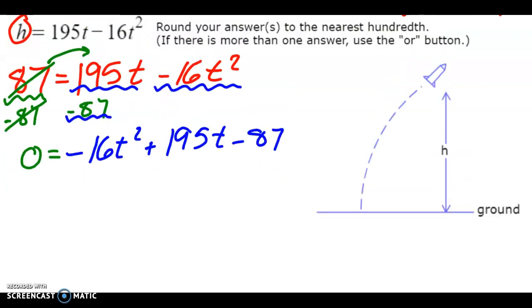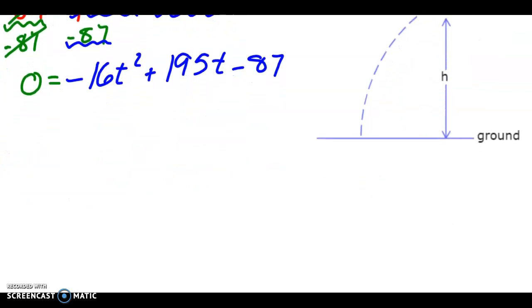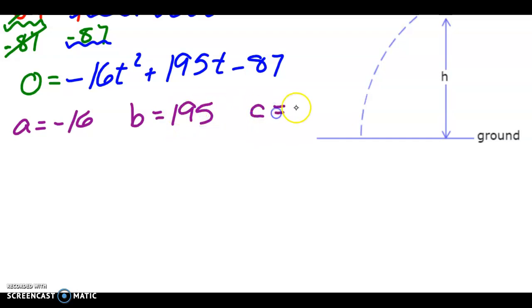Once you get those steps done, this is the exact same situation we've been dealing with. Your A is going to be negative 16. Your B is going to be 195. And your C is going to be negative 87. So let's plug this into our formula.